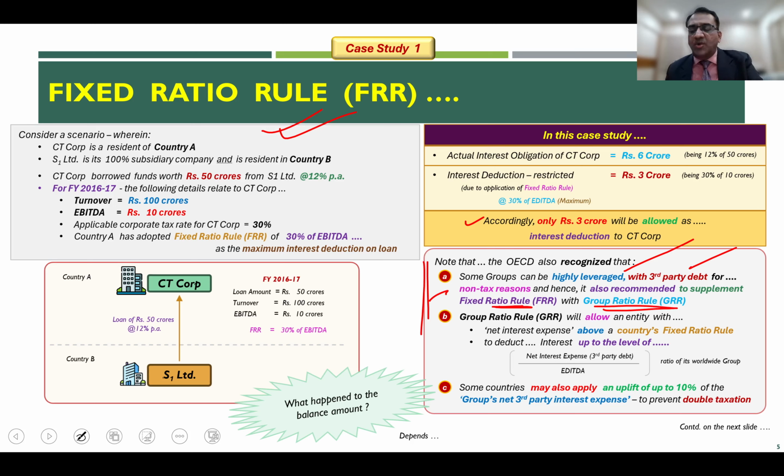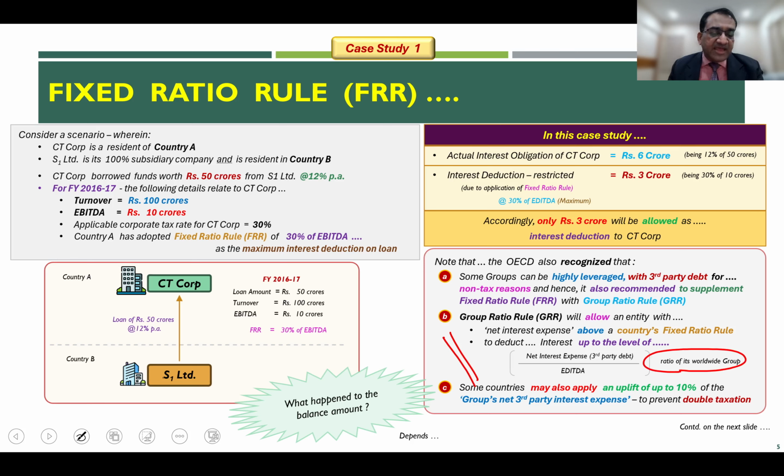In this group ratio rule, as we have discussed, the deduction will be on the basis of the same ratio based on EBITDA, but the ratio which is applicable for the entire group, not the specific legal entity.